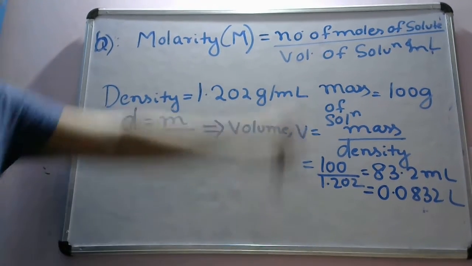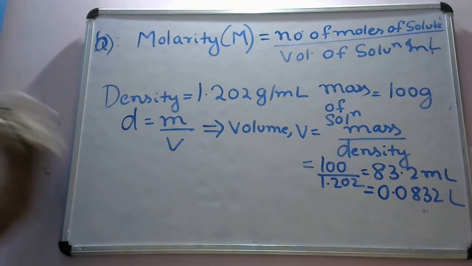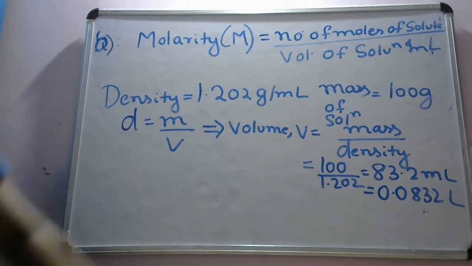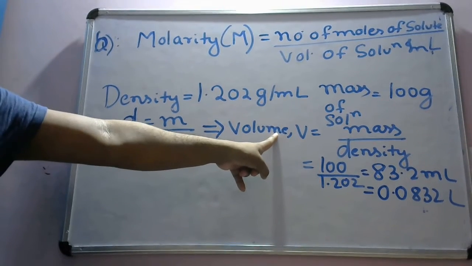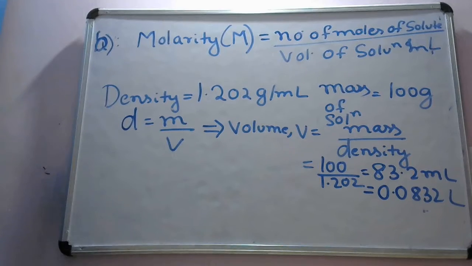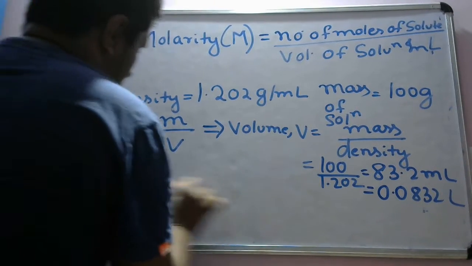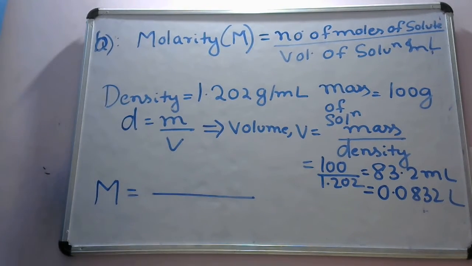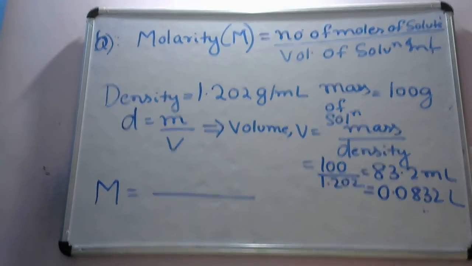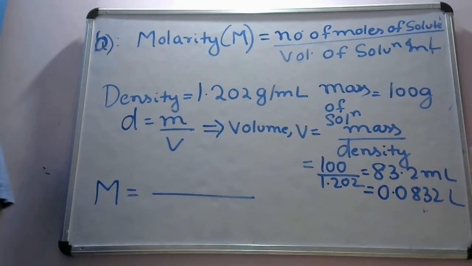Now we will calculate the molarity using this formula: number of moles of solute by volume of solution in liters. Now we have the volume of solution V in liters also. Numerator is number of moles of solute, which we calculated in the previous step. Solute is KI.